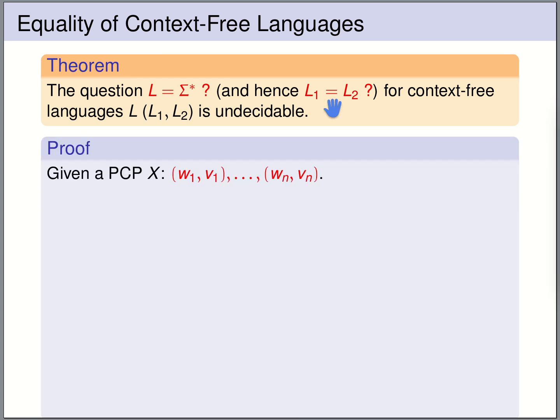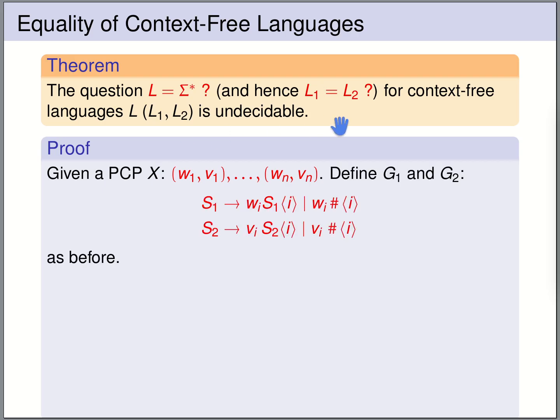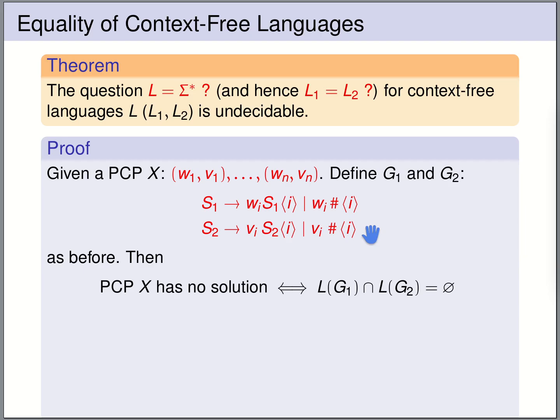We again start with an instance of the post-correspondence problem, and we start with two grammars that we've already constructed when we've considered the emptiness of the intersection of two context-free languages. So we had already constructed these grammars G1 and G2, and they had the following nice property, namely that the post-correspondence problem has no solution if and only if the intersection of the languages of G1 and G2 was empty. So this we've already proven before.